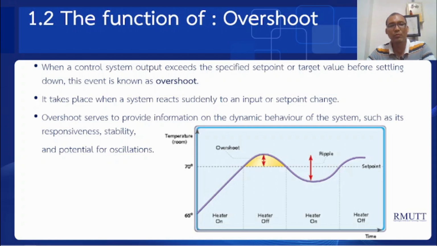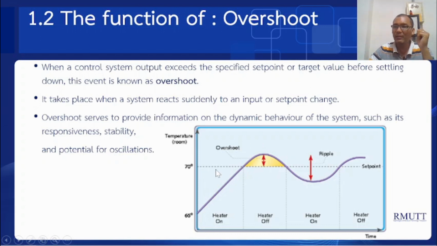Overshoot serves to provide information on the dynamic behavior of the system, such as its responsiveness, stability, and potential for oscillation. You can imagine controlling the temperature of a chemical reactor.